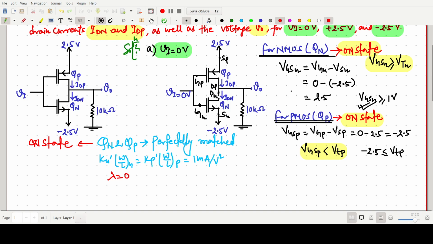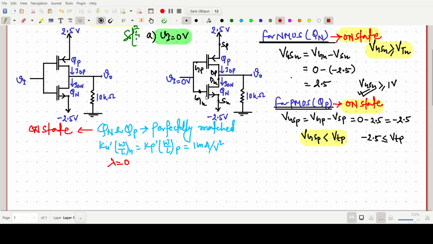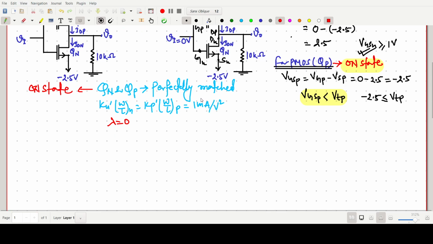But in addition to that, we have to also find the value at which this one is on or off. Once again I am drawing the same circuit here.